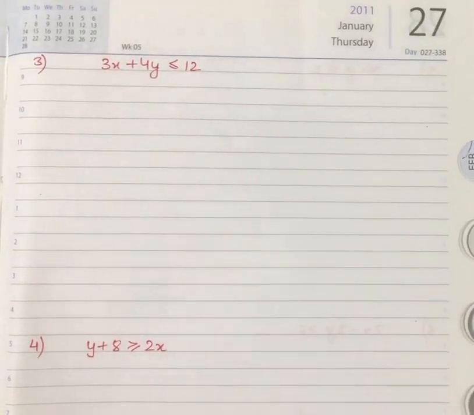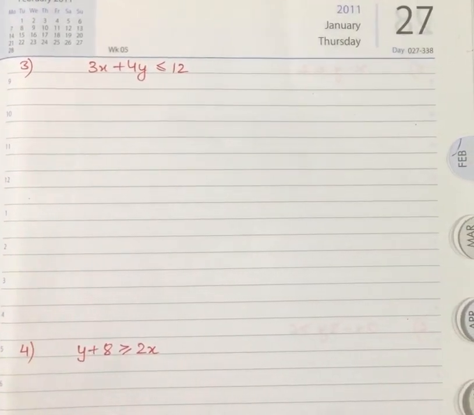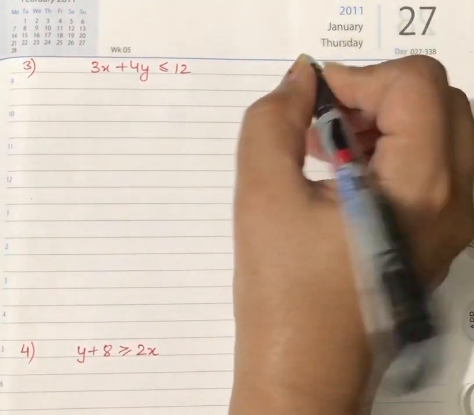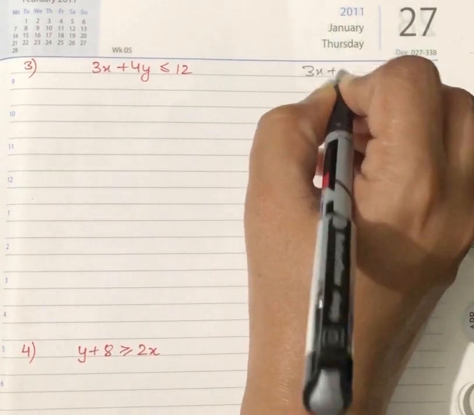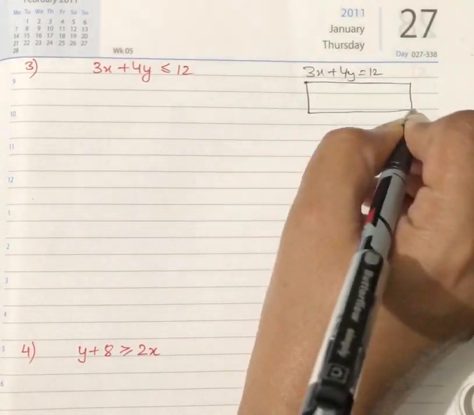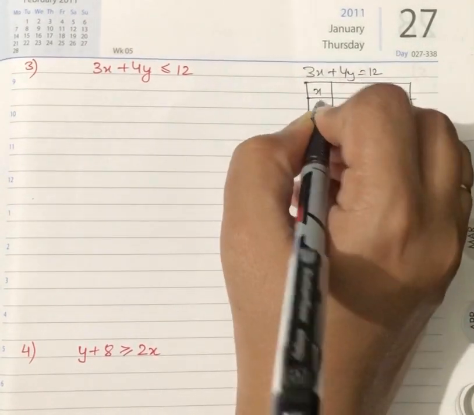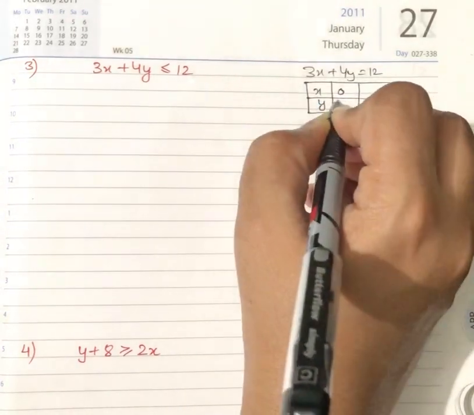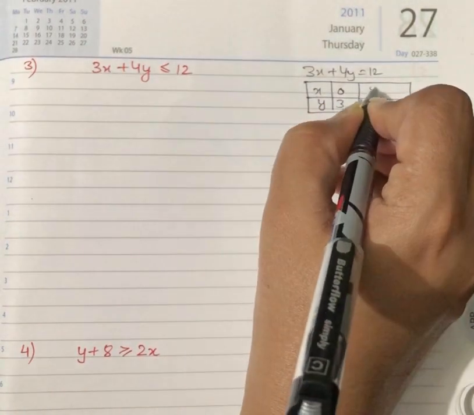Now third question. Now here this is the inequality. So writing it as equation, drawing its graph. Now putting x 0, y is 3 and putting y 0, x is 4.